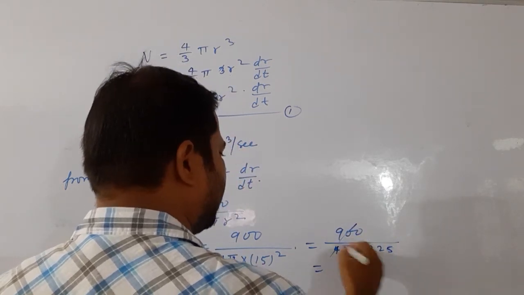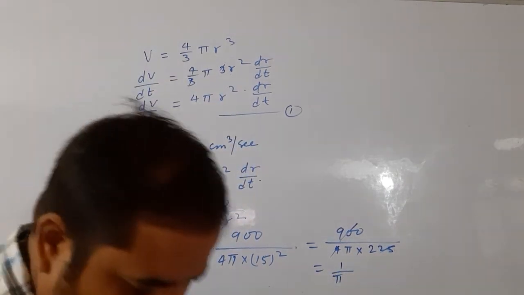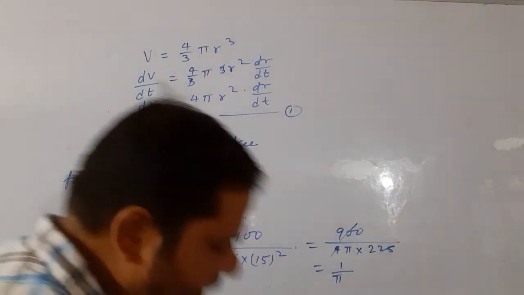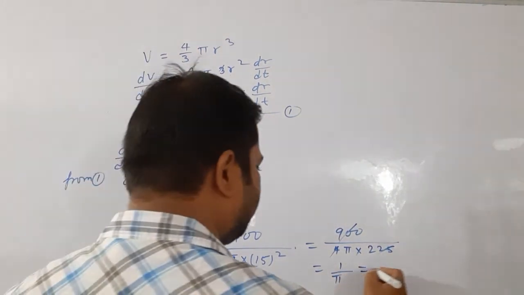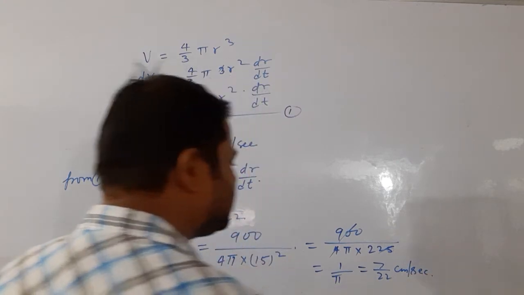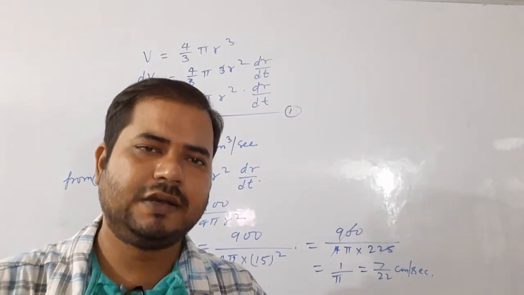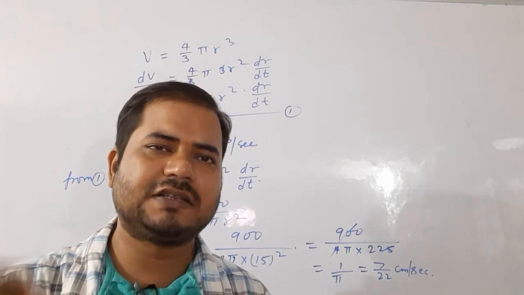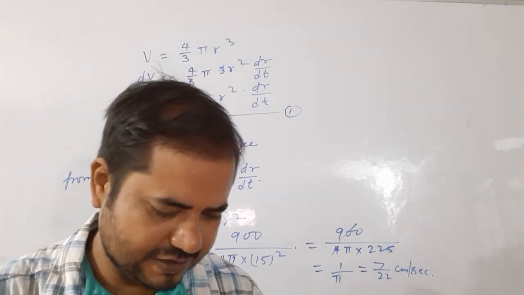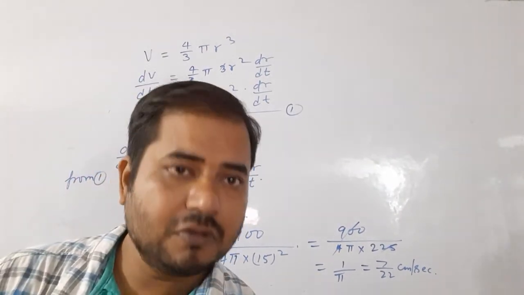So this cancels out, giving 1 upon pi, that means 7 by 22 centimeter per second. This is the rate of change of radius with respect to time, that means the increase in radius. So please note it down. And one more question we have to see here.